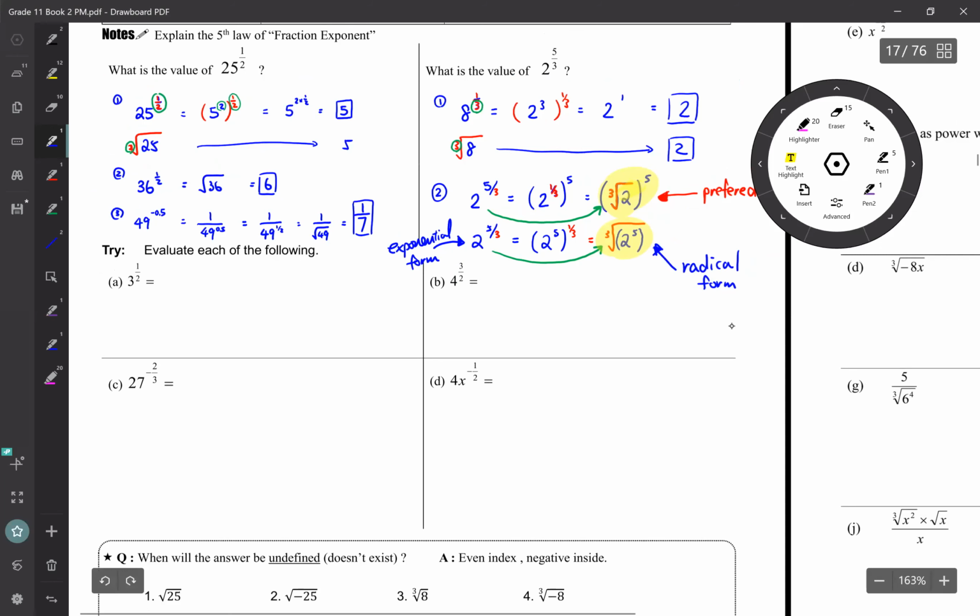So I'll let you guys try it out. Question C, you can see there's a negative, right? Question D also has a negative. So think about what negative exponent does, okay? I'll let you guys all try it first. Write down what you think it will become, and then we'll go over the answers together, okay?